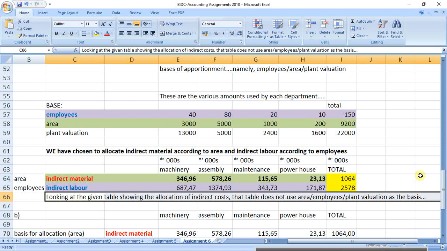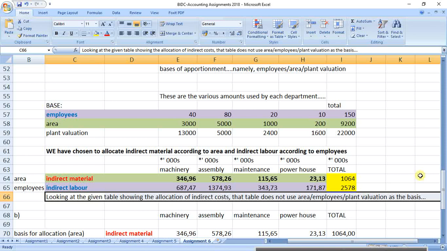So I think this should have been and. Basically take those costs and reallocate those costs according to the powerhouse, the maintenance, assembly, and the machinery. Right, because as it states there, the question says reapportion the cost of the service departments. So the service departments, which are the 2 service departments? Maintenance and powerhouse.